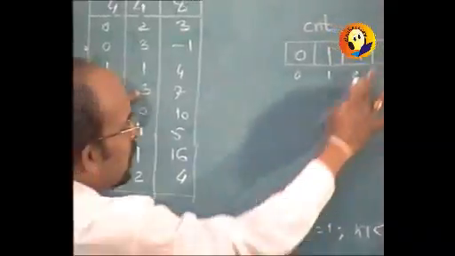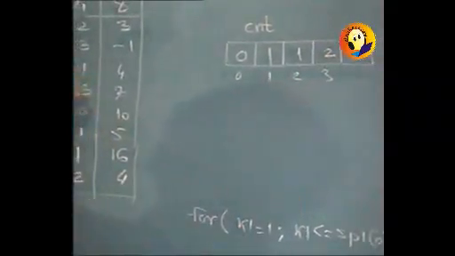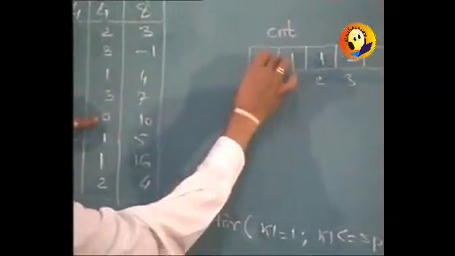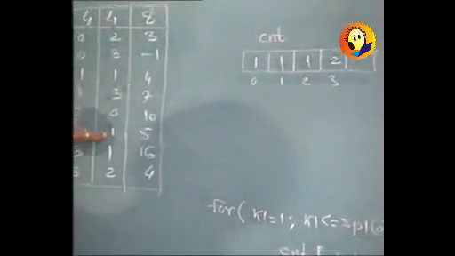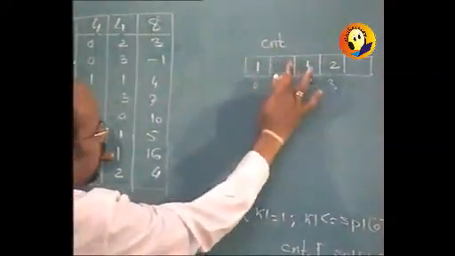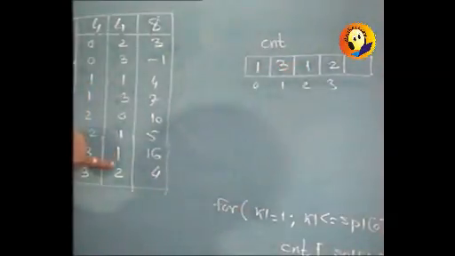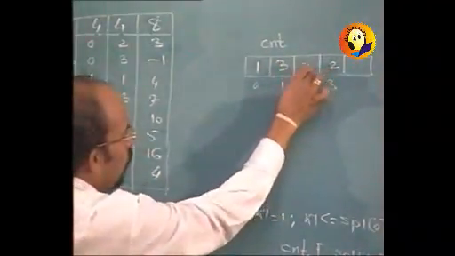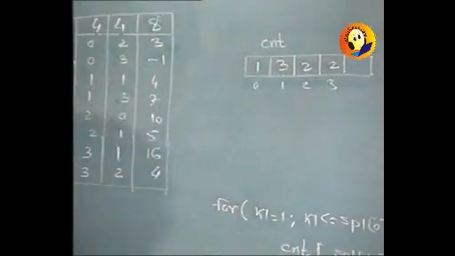Then 3, CNT of 3 plus plus. Then 0, CNT of 0 plus plus. Then 1, CNT of 1 plus plus. Again 1, CNT of 1 plus plus. Then 2, CNT of 2 plus plus. Got it?